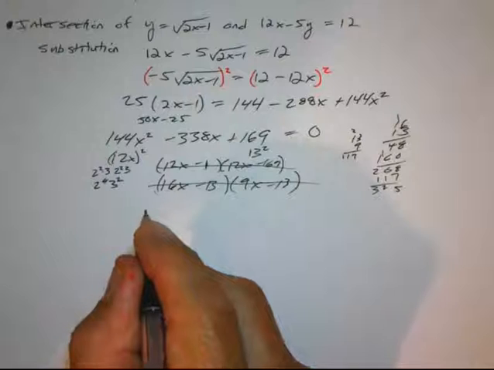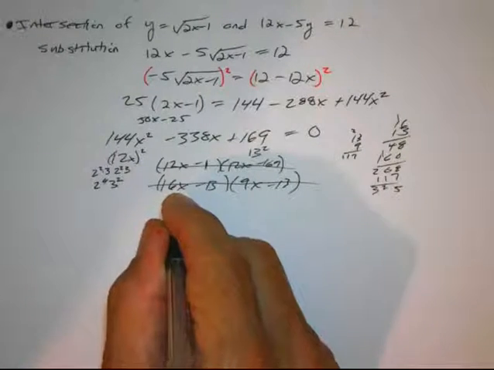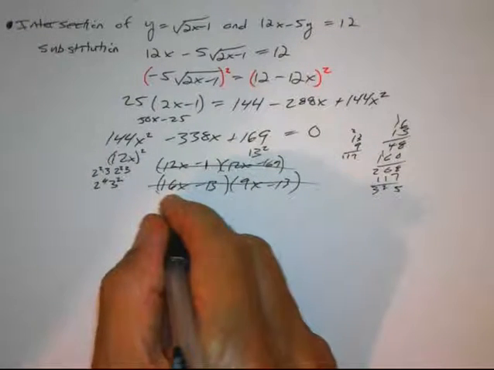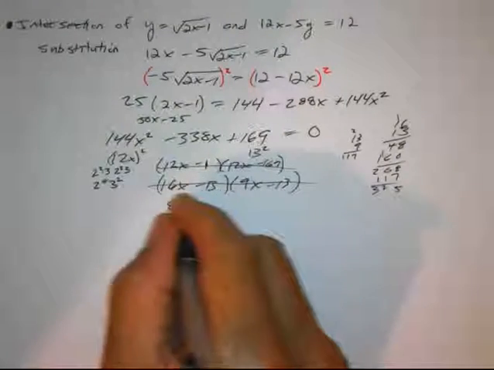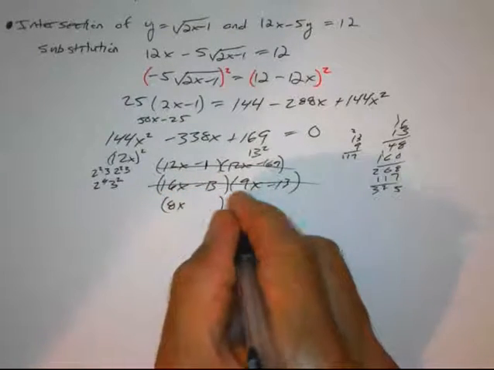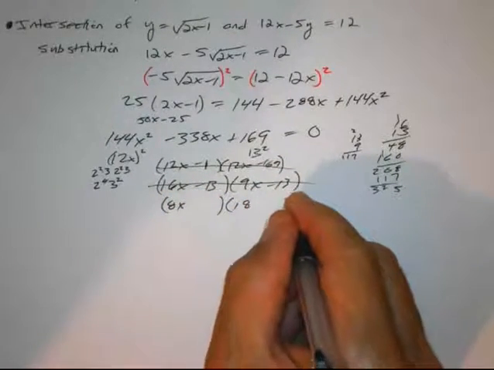Alright, let's try moving one of the factors of 2 over to here. So that makes this now down to 8x, and this makes this up to 18.